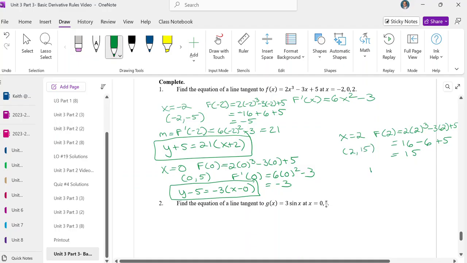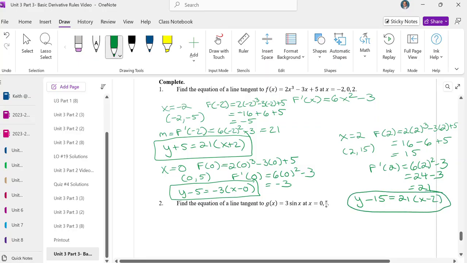And then the slope would be f prime of 2, which would be 6 times 2 squared minus 3. 2 squared is 4. 6 times 4 is 24. Minus 3 is 21. So the slope would be 21. So y minus 15 equals 21 times x minus 2. So those are the three equations, using the derivative to find the slope.